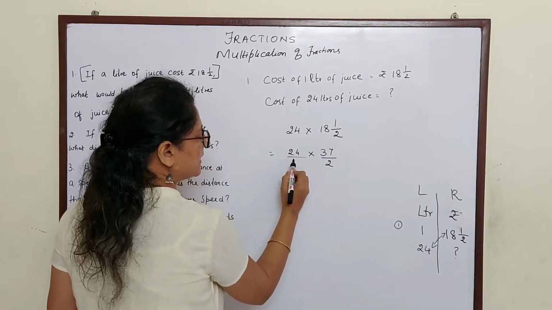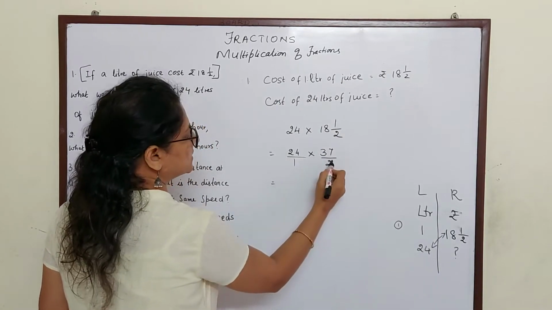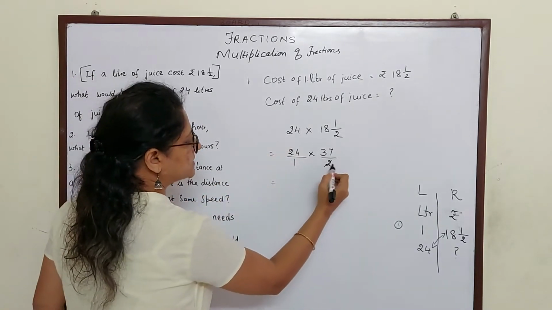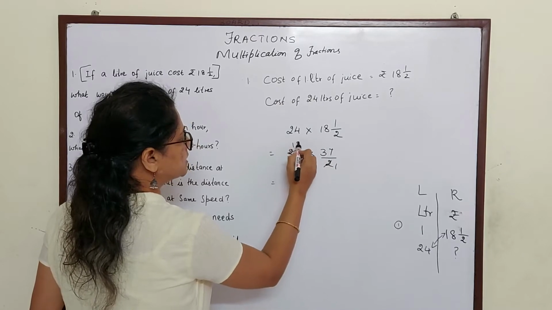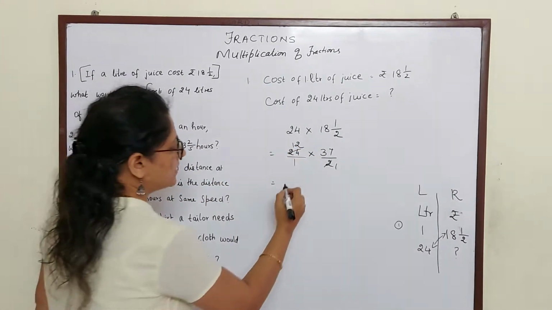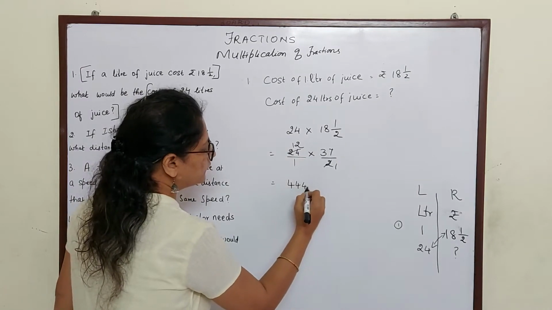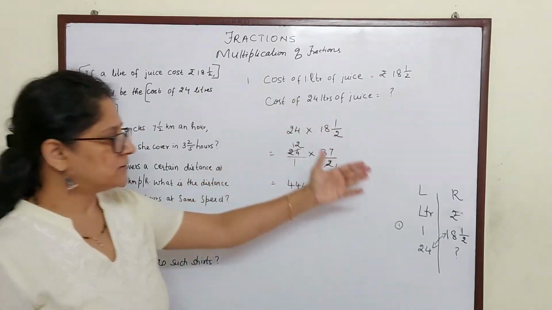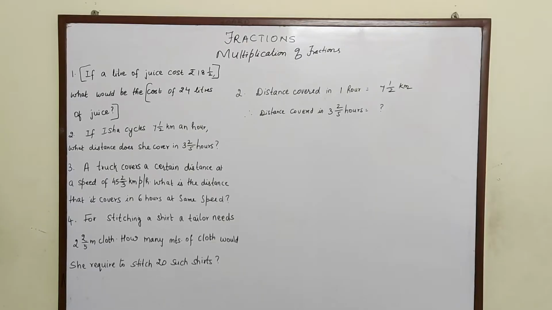Here nothing is there, so 1. Now one numerator and one denominator get cancelled by 2. 2 1s are 2, 2 12s are 24. So 12 into 37 is 444 rupees. So children, you can use either this method or this method.